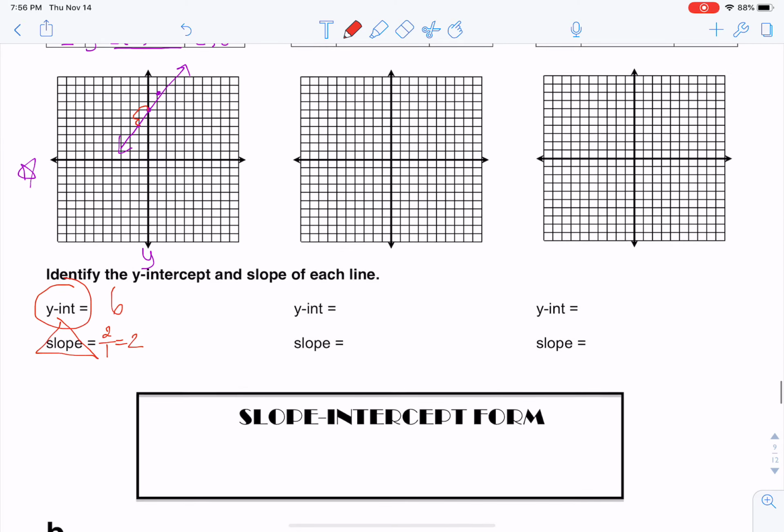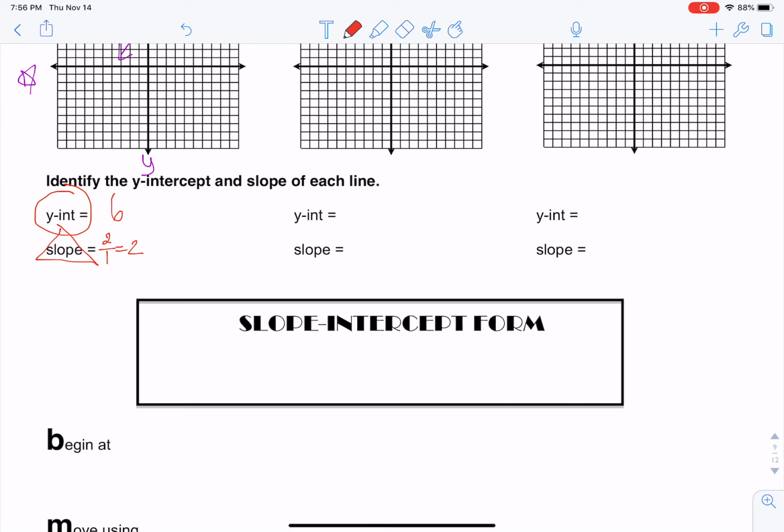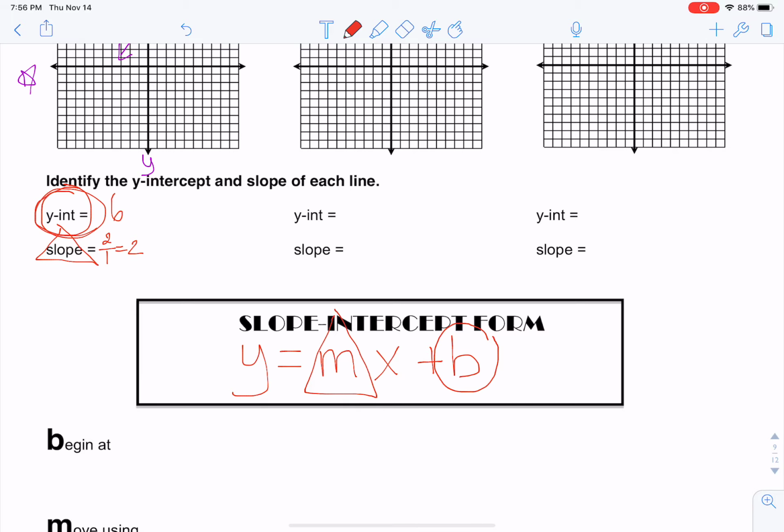So let's talk about what slope-intercept form is. All of those lines up top follow this formula: y equals mx plus b. This b, if we look back here, is my y-intercept, and this m is my slope.